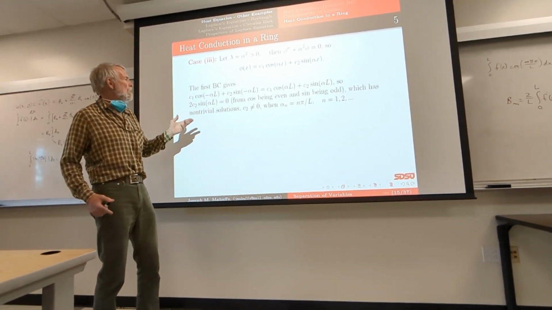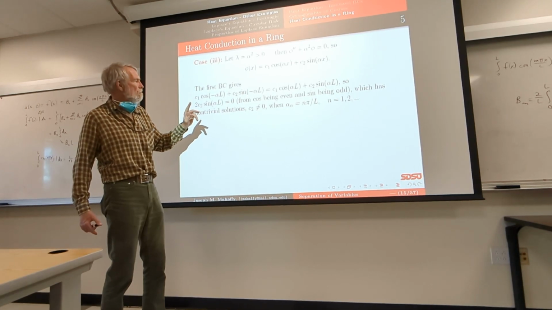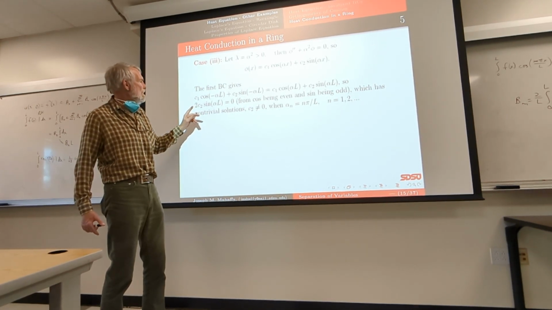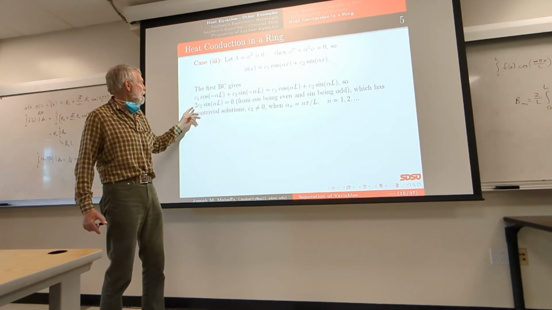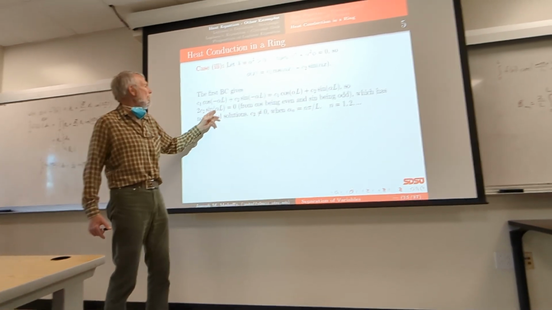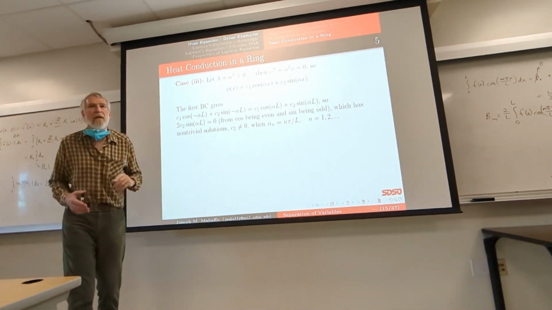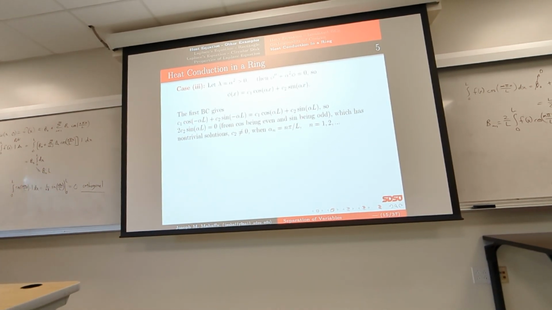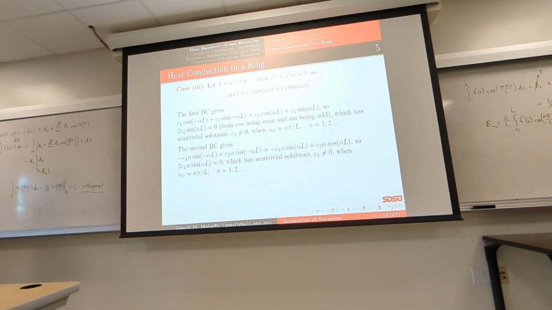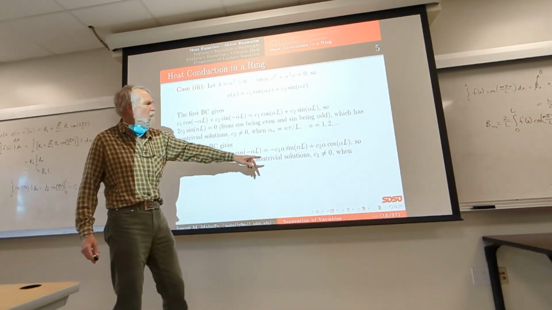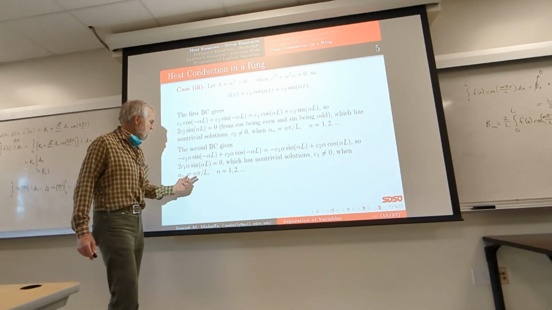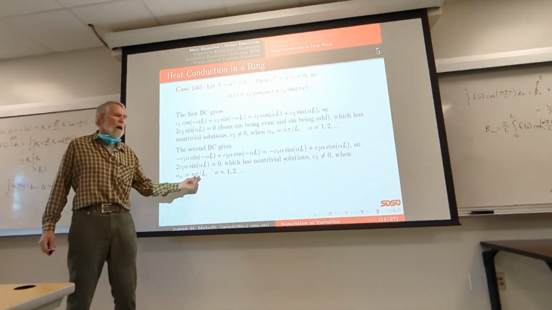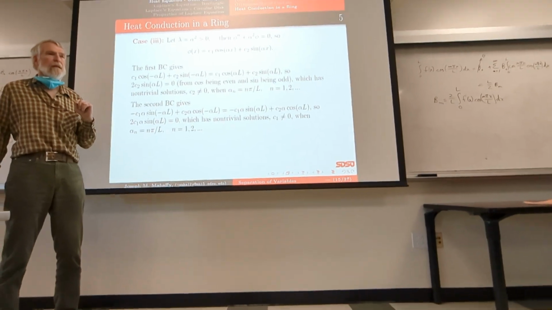Now we're going to get a 2 C1 sine alpha L equaling 0. And so C1 is non-zero when, once again, alpha n is n pi over L.